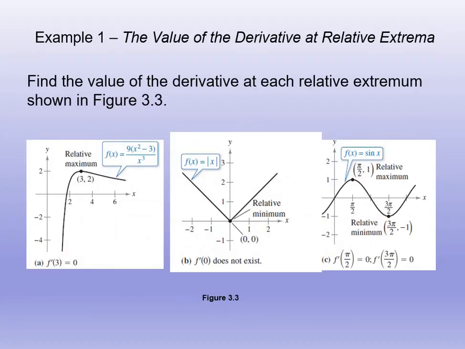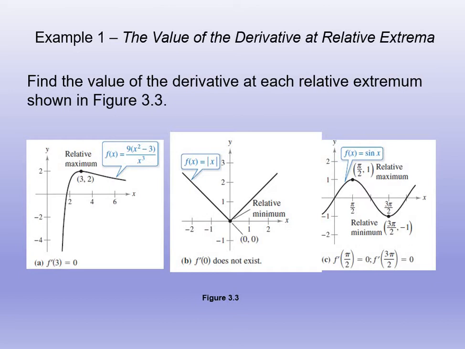So let's take a look at these three functions separately as we go through the next few slides. On the left we have the graph f of x equals 9 times the quantity x squared minus 3, divided by x cubed. If we were to graph this function on the open interval, it goes to negative infinity, and it does have a relative max, which could be the absolute max as well.